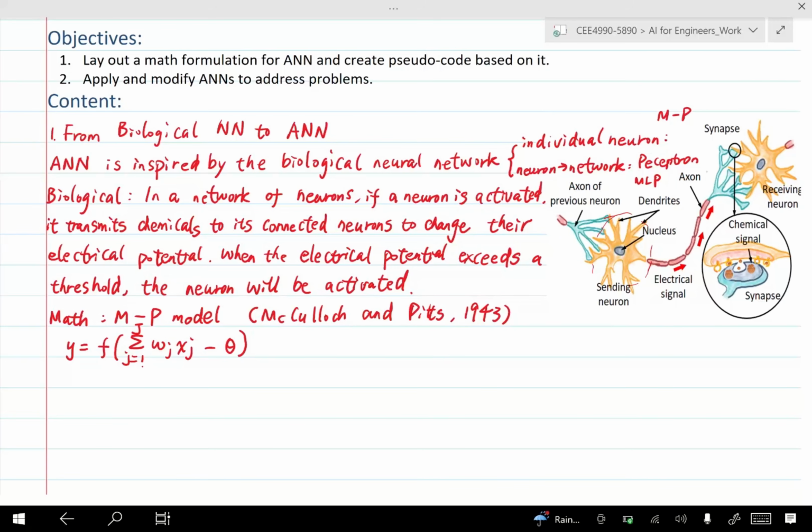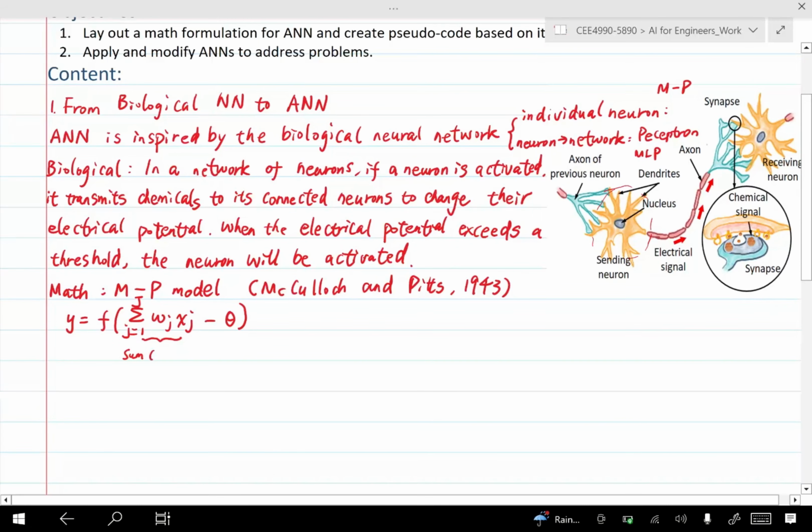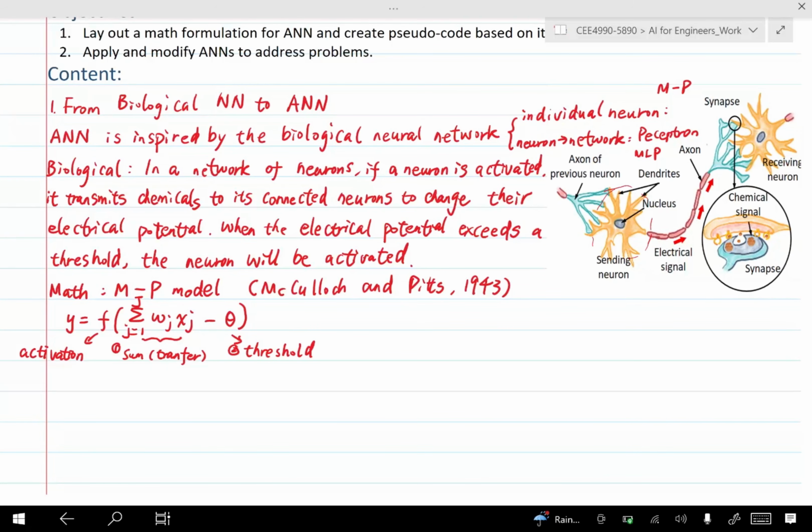This is the summation, or in some literature it's called a transfer. Second, we need to have a threshold value to determine whether the neuron is activated. And the third one is the activation function. If we want to describe this using a figure, it will look like this. You can find this in your textbook.